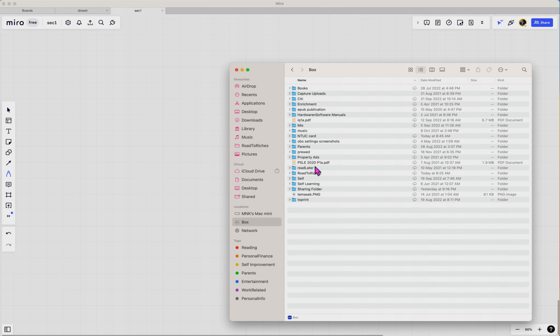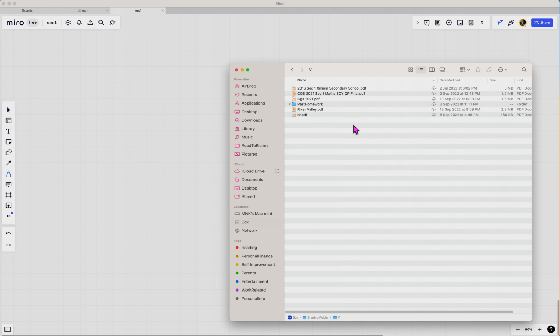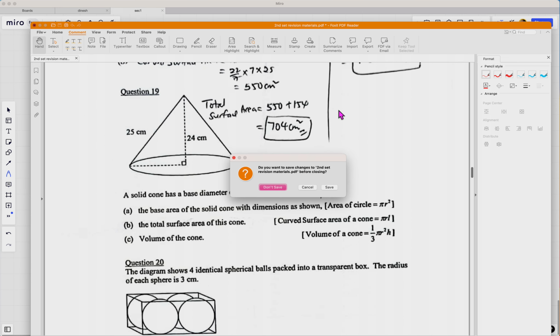The box sharing. CGS, both? I think both. Let me take a look first. How is this CGS 2021 different from that one? Oh, this is your answer. Okay, good.